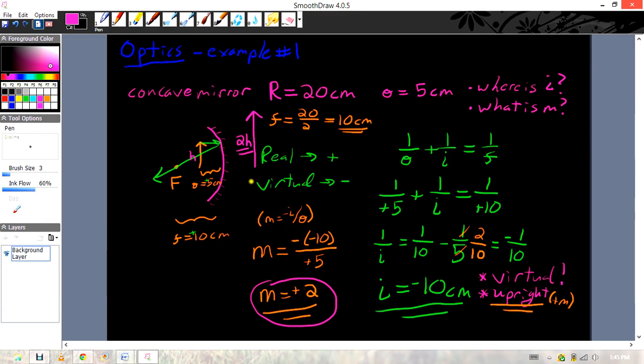That would be a miniature version of self. Versus this case, you'd have a magnifying version of self, like you would in a funhouse mirror or something similar.